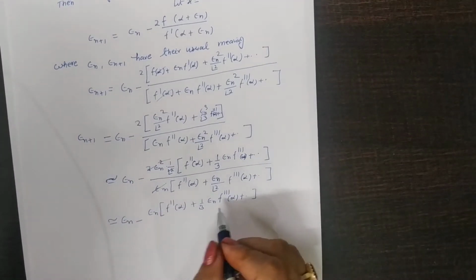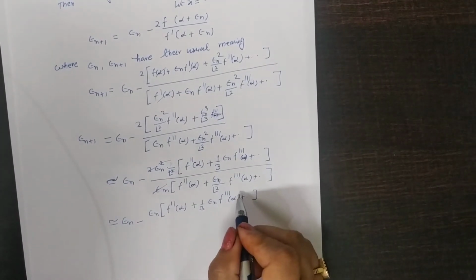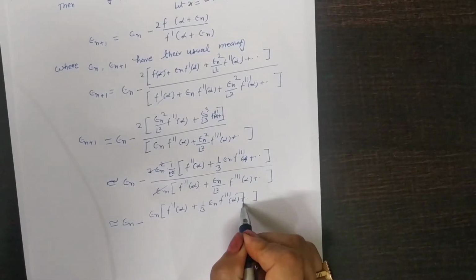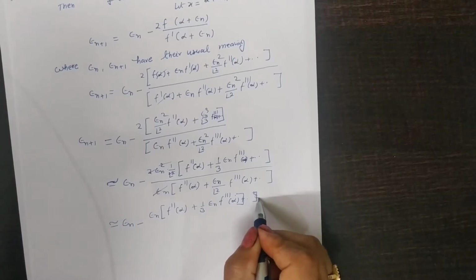But you approximate the value, so you close this bracket here. Approximate we have to.